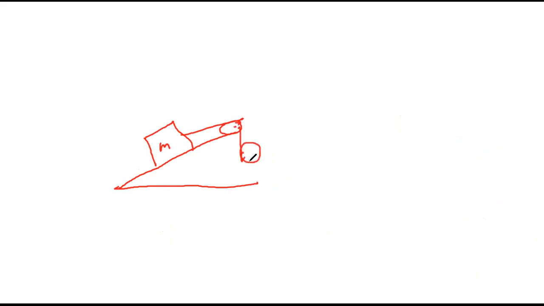This pulley is movable. Here it is fixed. So this is 2m. What is the acceleration of the block m? The options are g by 3 up, g by 3 down, g by 2 up. Okay. This is mass 2m, acceleration of the block.